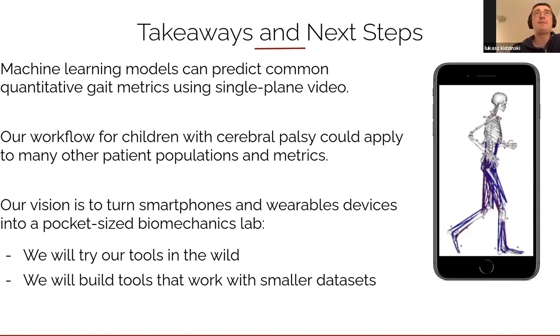So we hope that by releasing tools that allow people to run experiments without access to the lab, we can first promote our current methods, but we can really contribute a lot into biomechanics research, because not only now with those COVID limitations you can still run experiments, but also your experiments are run at scale. So you can invite subjects not only from Silicon Valley, but also subjects from all over the world.